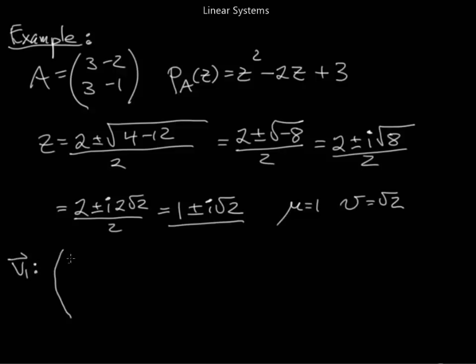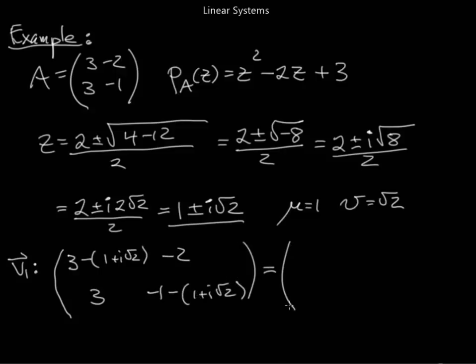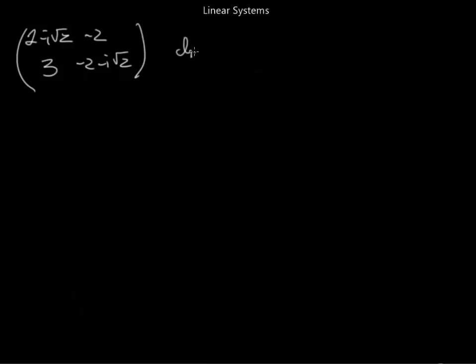Okay, so how do we find v1? Well, we take the original matrix and let's take the first eigenvalue, 1 plus i radical 2, and subtract it from the diagonal. And let's work out what you get. You get this matrix, and the last guy is minus 2 minus i radical 2.